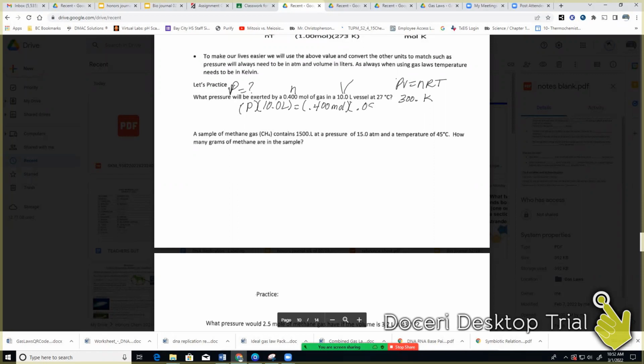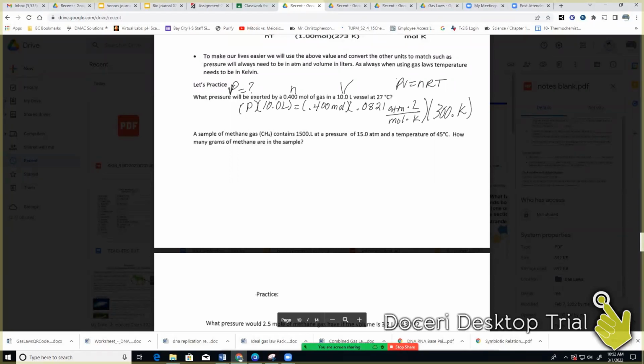So that's 0.0821 atmospheres times liters divided by mole times Kelvin. And then my temperature, when I changed it, I had 300 K. So there is my setup.